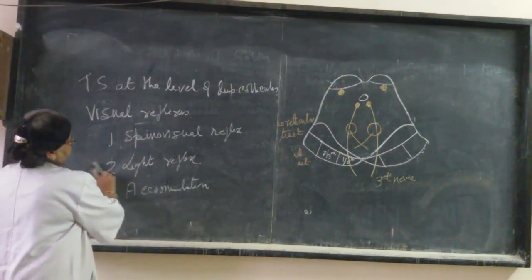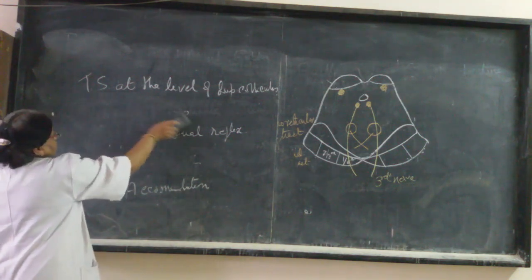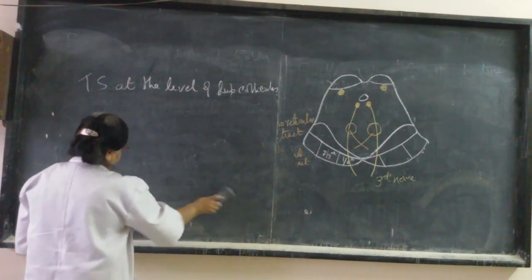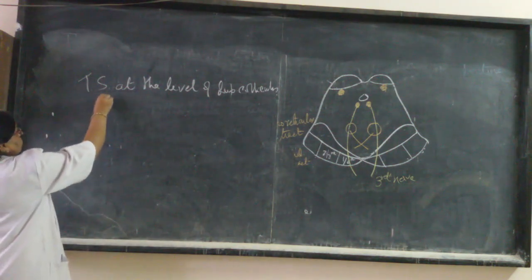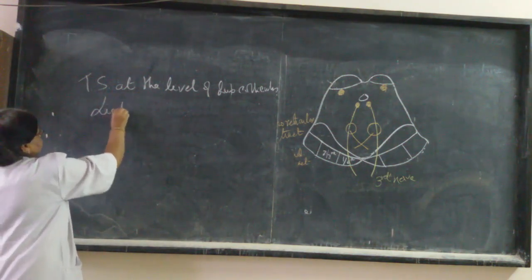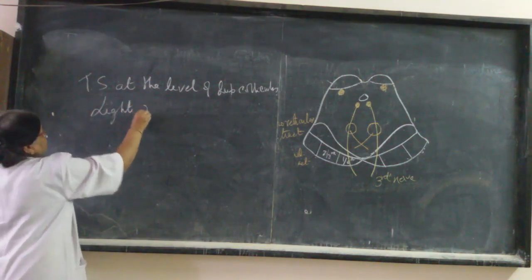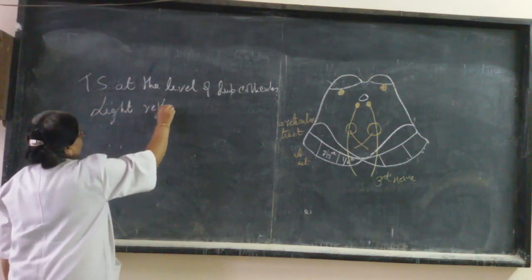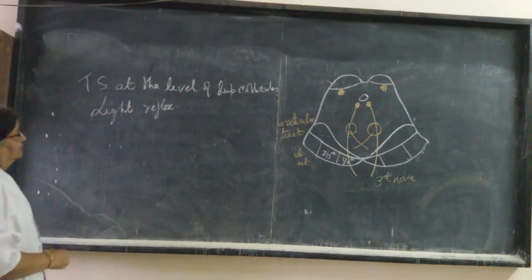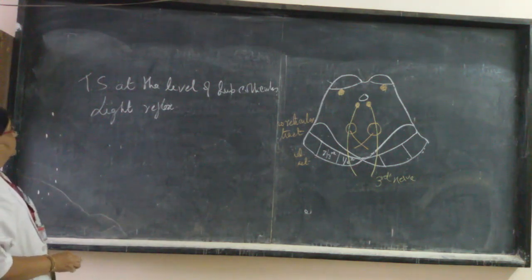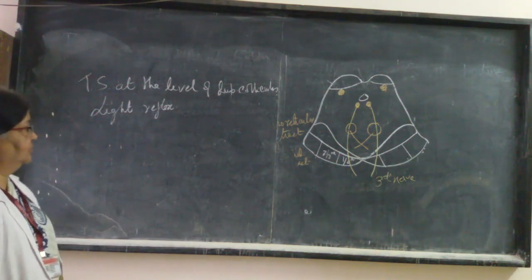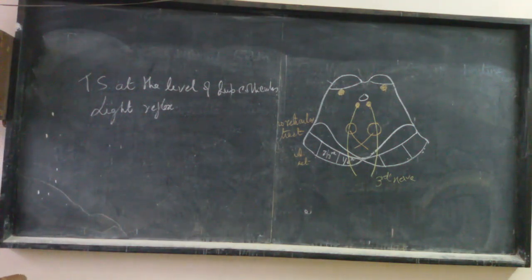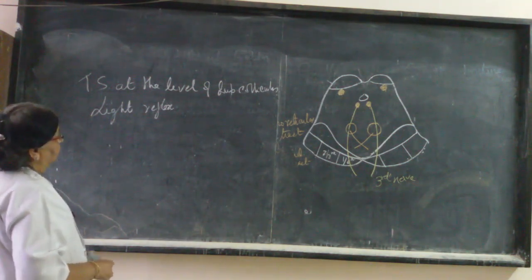Let us try to understand the light reflex and accommodation reflex. Light reflex is a constriction of the pupil in response to light thrown in the eyes.